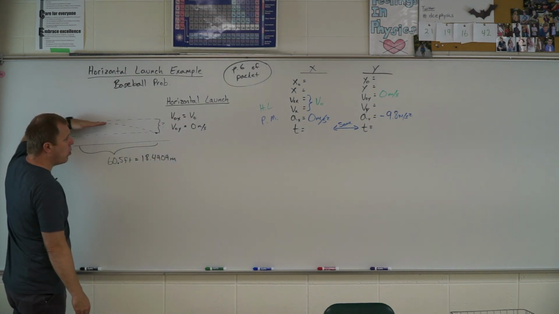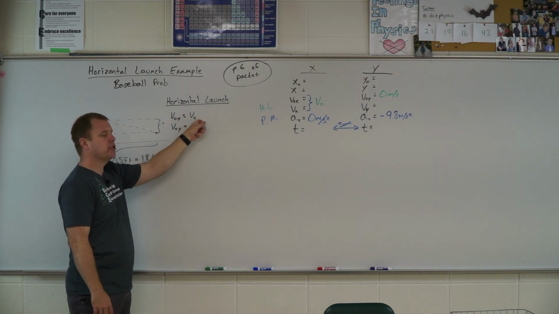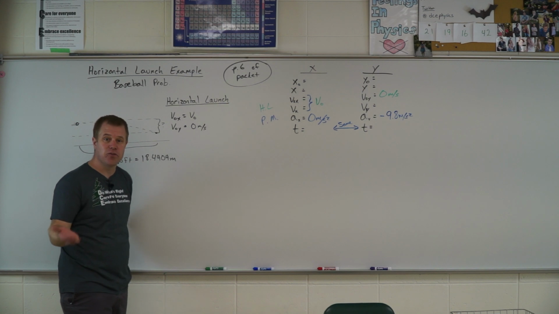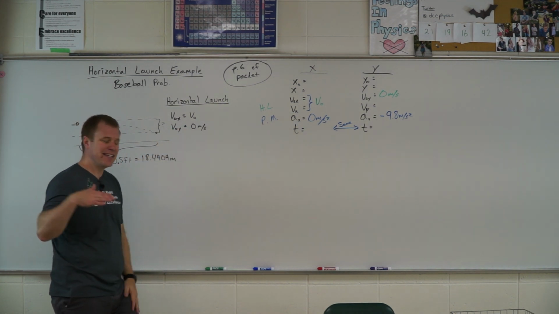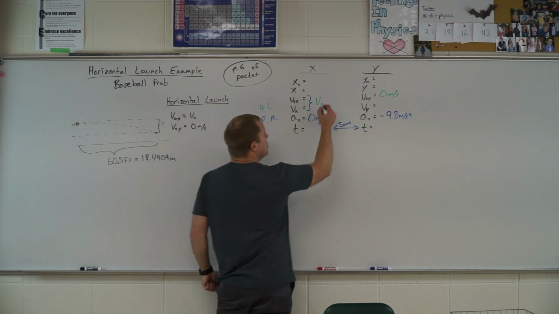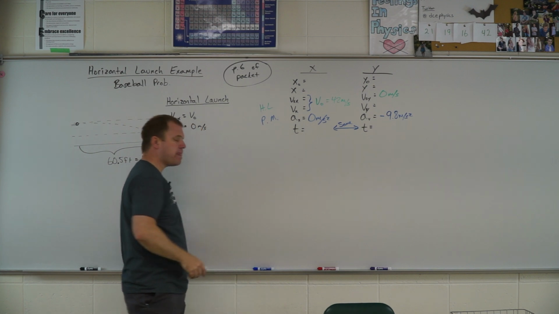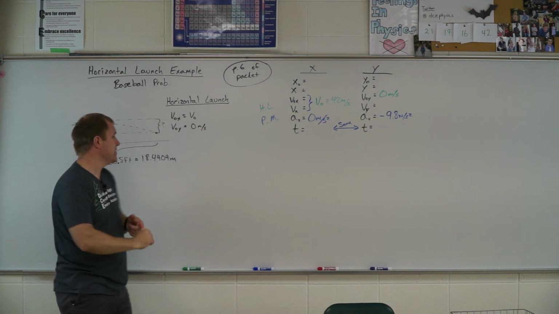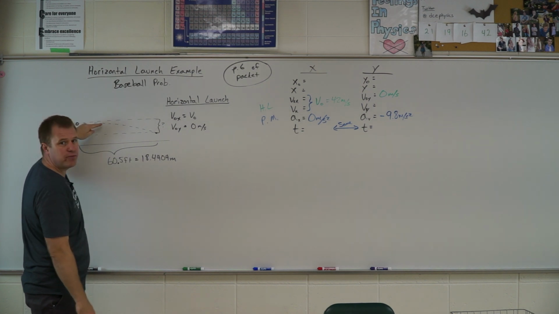Initially, it's thrown horizontally. So horizontal launch, okay, I know that my initial velocity in the X direction is the initial velocity. In this case, it's 42 meters per second. And the initial velocity in the Y direction is 0 because it's initially not moving up or down. We're ignoring air resistance. That means as soon as that ball leaves the pitcher's hand, it's only under the influence of gravity.